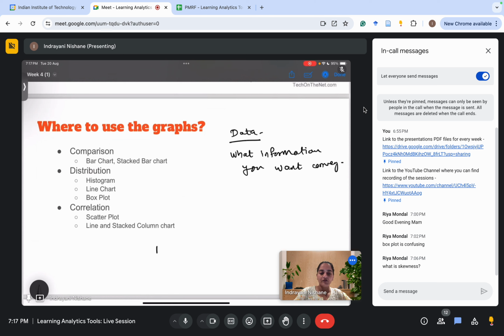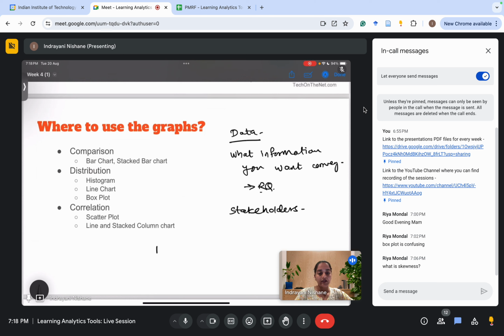So whether you want to convey a gender-wise comparison of students, male and female, how they are performing, or how many students have scored, a subject-wise comparison. Depending on that, you will choose the visualization which is suitable for your research question. So that depends on your research question, on your data, and, most importantly, on your stakeholders to whom you are showing the data.